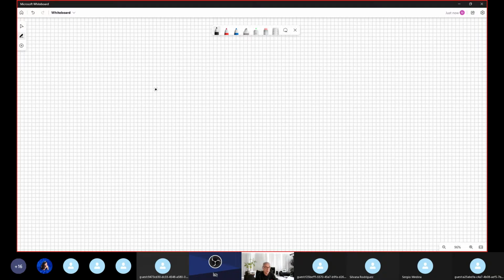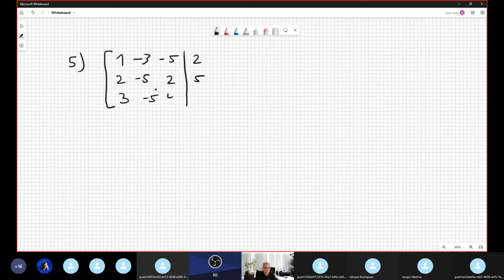In question 5, one matrix is given: 1, negative 3, negative 5, 2, 2, negative 5, 2, 5, 3, negative 5, 4, and 6. By the way, the dimension or order of this matrix is 3 by 4: 3 rows, 4 columns.